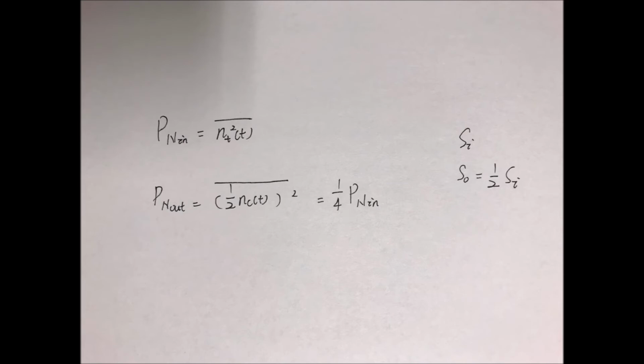The output will be half NC(t), which is the mean square value. So this will be 1/4 of my noise in power. My signal power drops 50%, noise power drops 75%.